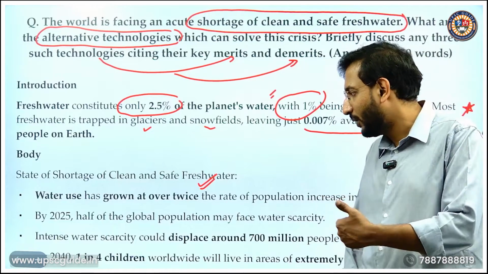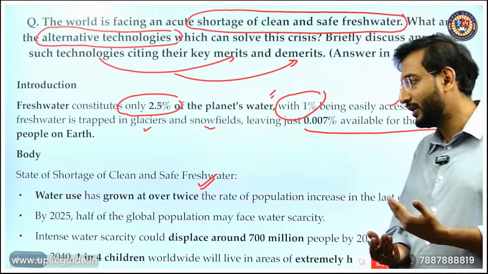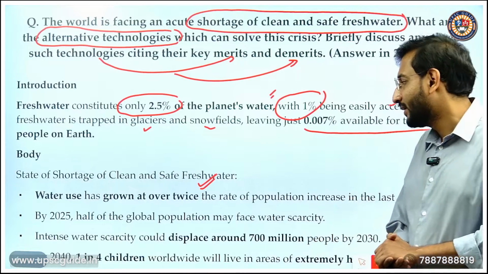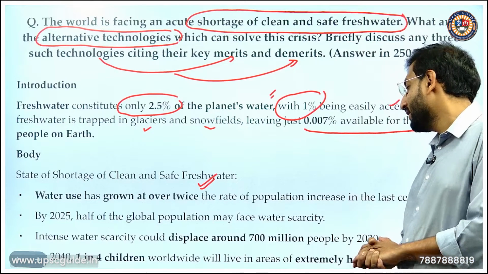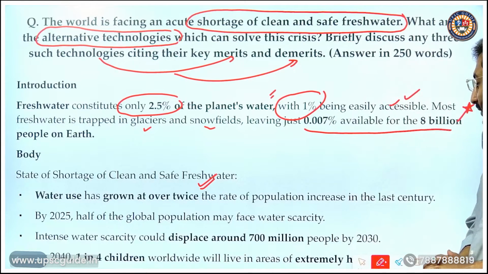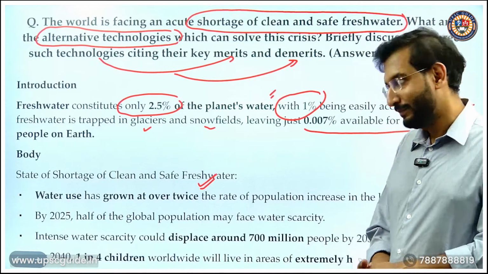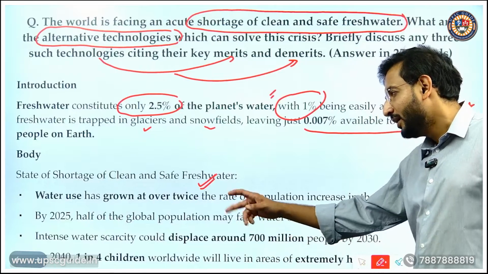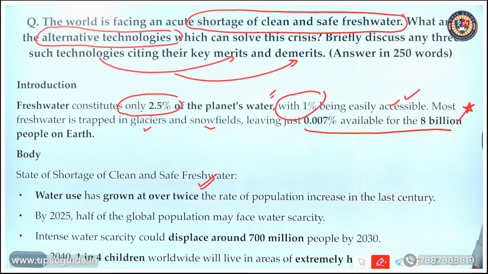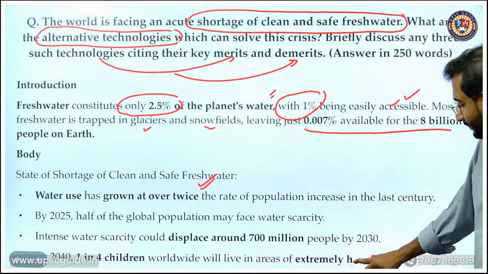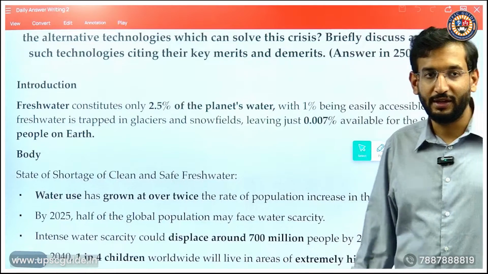Intense water scarcity could displace around 700 million people. So this is disaster-induced displacement, and by 2040, 1 in 4 children worldwide will live in areas of extreme, high water distress.